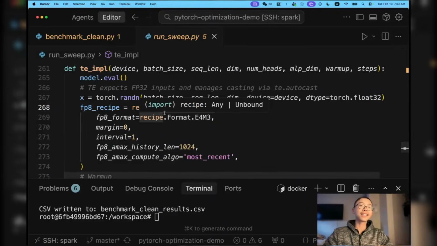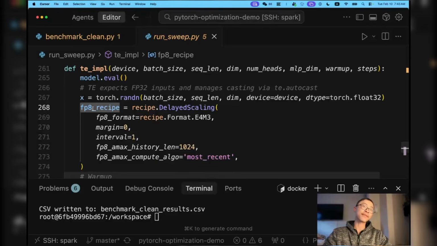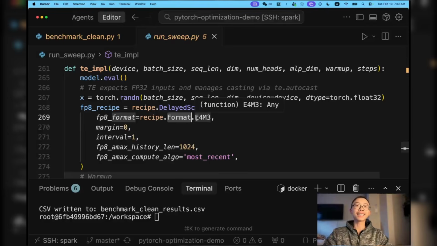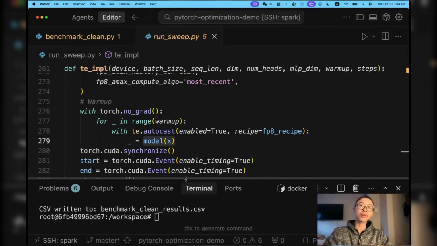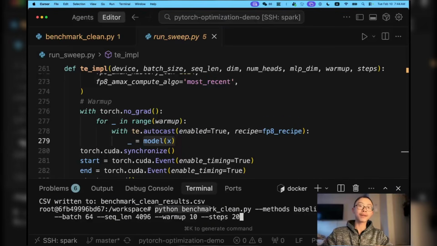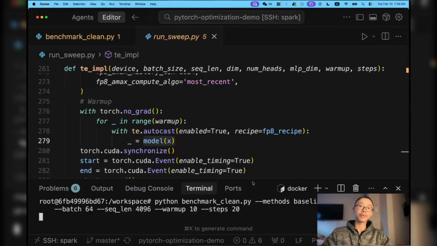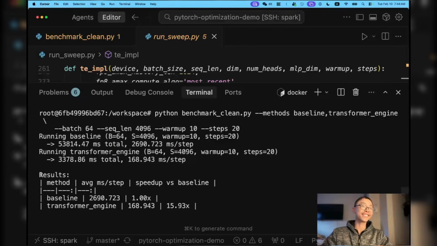What's better? You can define a recipe such as FP8, FP16, or even FP4, and you can choose any format, such as 4 bits for the exponent, or even more bits of exponent if you want a higher dynamic range. You define this recipe, and then for training, you just need 2 lines: one is using this recipe, and then perform your forward pass. What is the result? Let's run a Python benchmark comparing the baseline with the transformer engine. Here are the results.